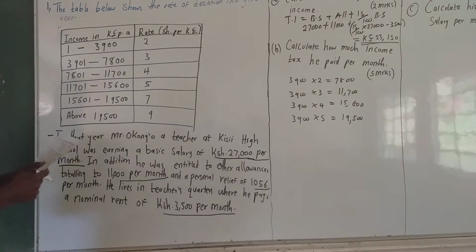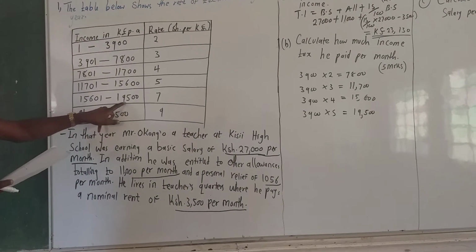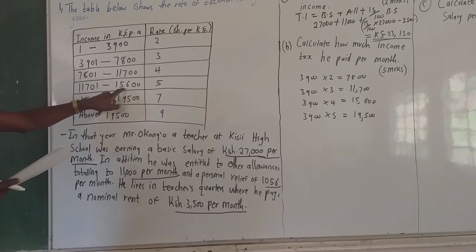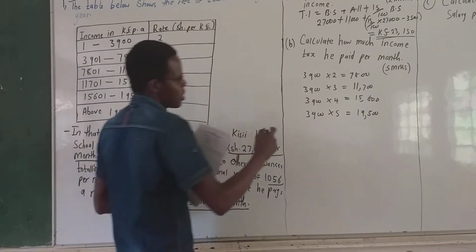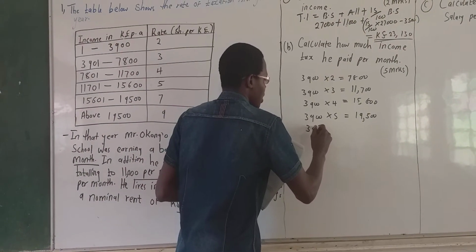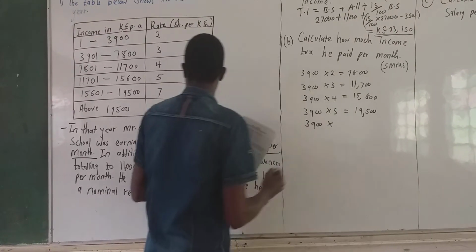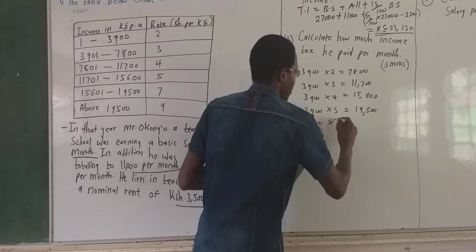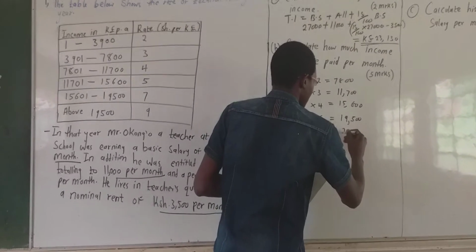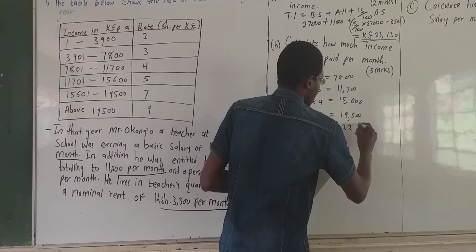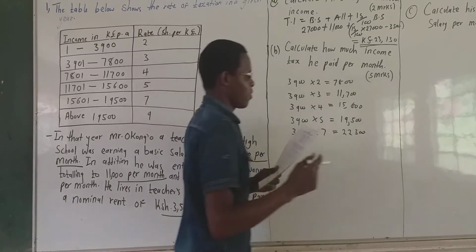Then we have 19,500 minus 15,600, which is also giving us 3,900. So we have 3,900 times 7, which is giving us 22,300. That's what we have.